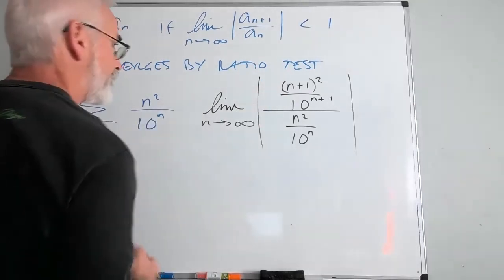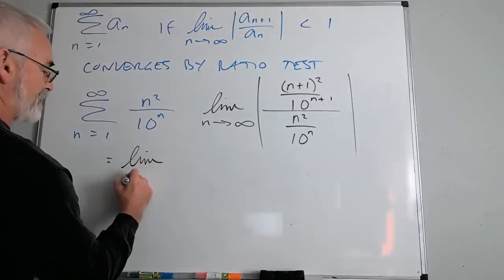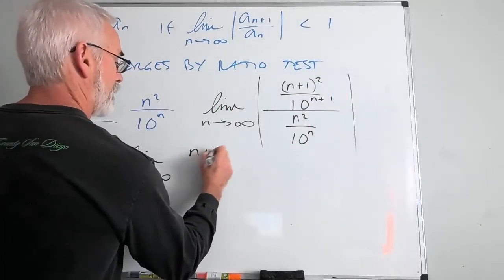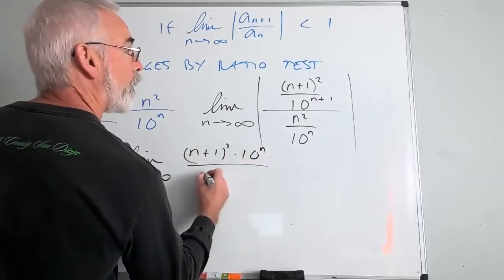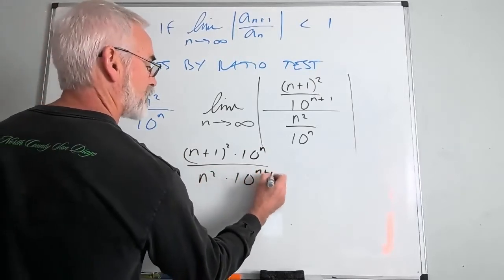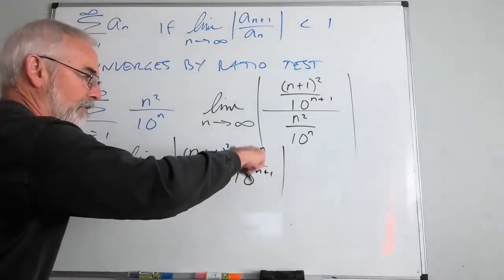Now, that looks kind of ominous. We'll obviously do a little flipping, which means that a lot of you recognized in the first step, you may have been able to just flip it anyway. That's okay. So (n plus 1) squared times 10 to the n over n squared times 10 to the n plus 1. Does anything cancel? Well, those do.